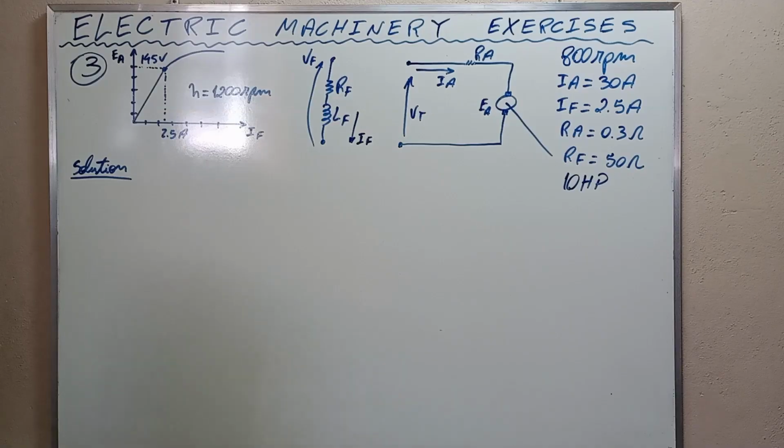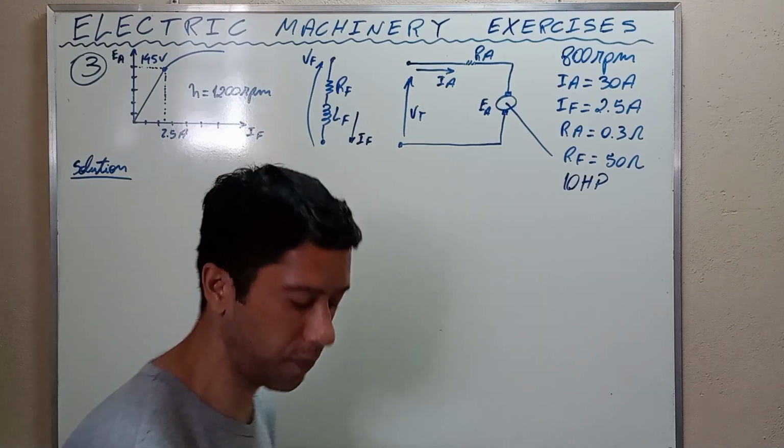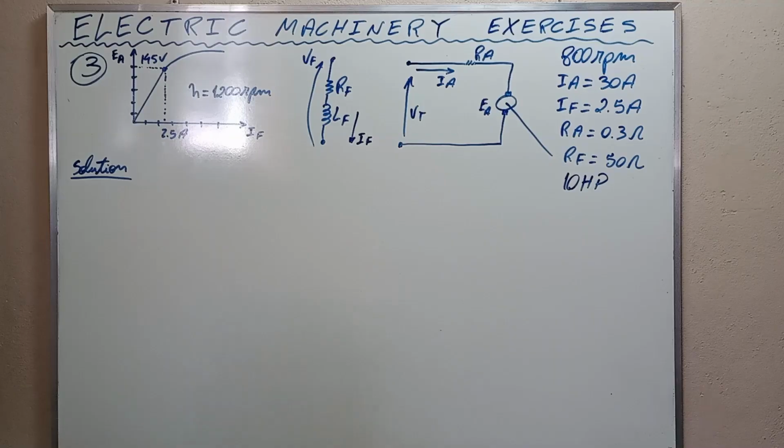Exercise number 3 now, my friends, DC machine performance calculations. The machine having the magnetization curve of the figure is operating as a motor at a speed of 800 RPM with IA equal to 30 amps and IF equal to 2.5 amps.